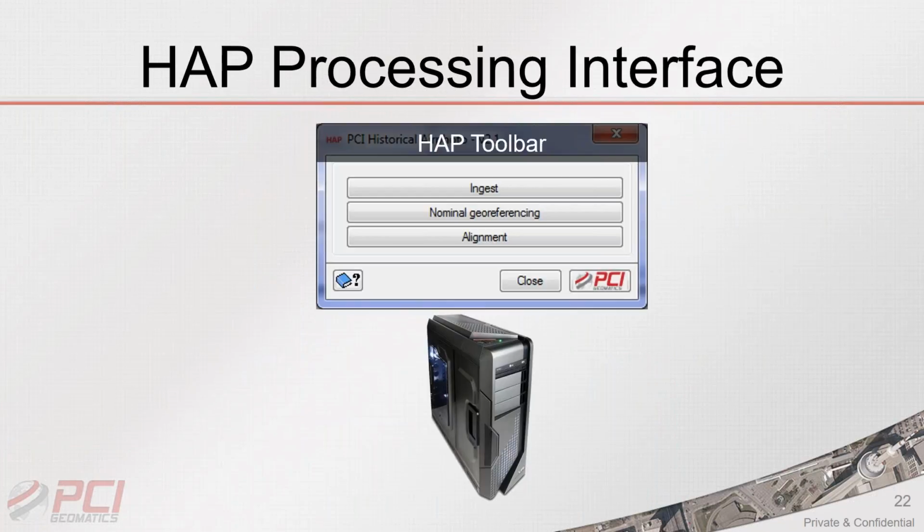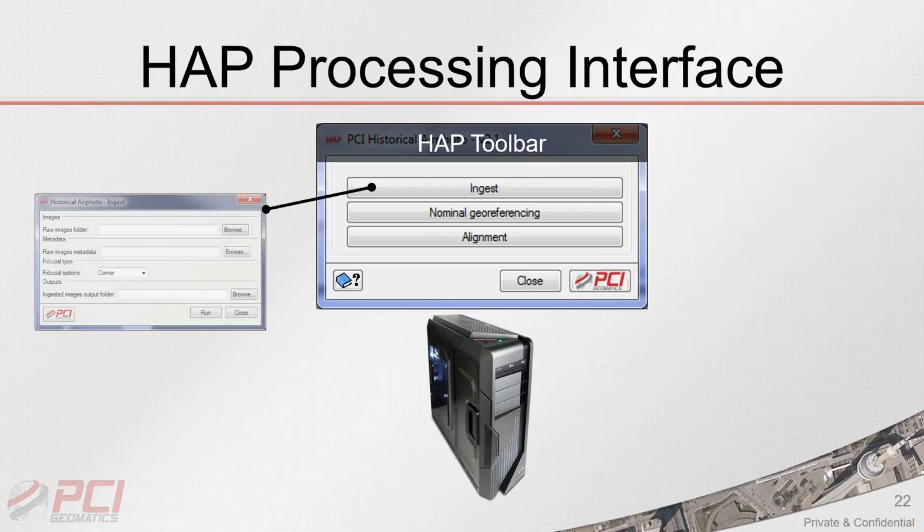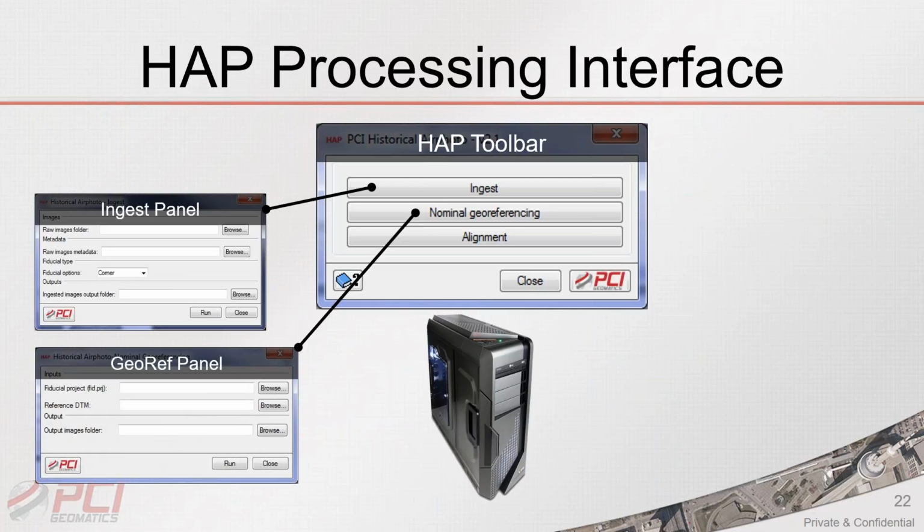The HAP toolbar is fairly straightforward. We have three panels. The first one is Ingest, so this allows you to read in the TIFF files which have been scanned in and associate the metadata. The nominal georeferencing is essentially a step where we associate the scan TIFF imagery to the metadata.